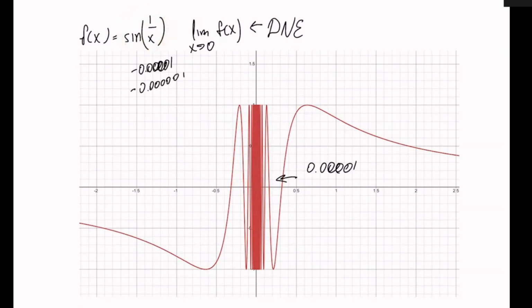It will be oscillating between -1 and 1 and never settling on some specific point. So in this case, we say that the limit does not exist.